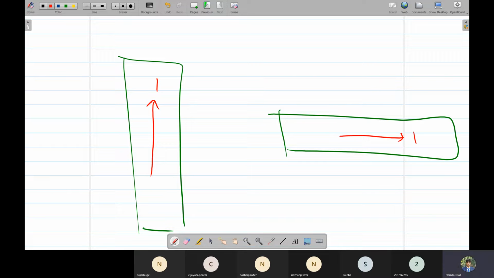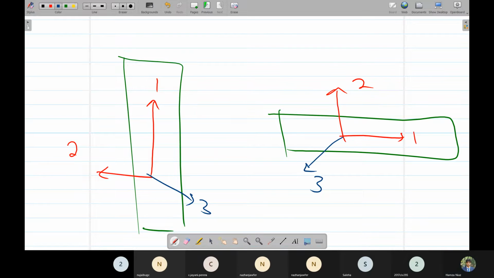This is the normal convention, so this is always the 1 axis. The 2 axis is perpendicular to the longitudinal axis. The third axis would be out of plane. This is our third axis, our out of plane axis.